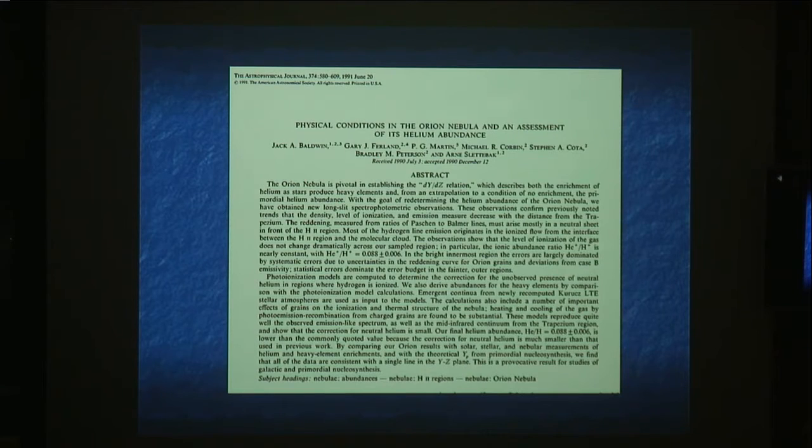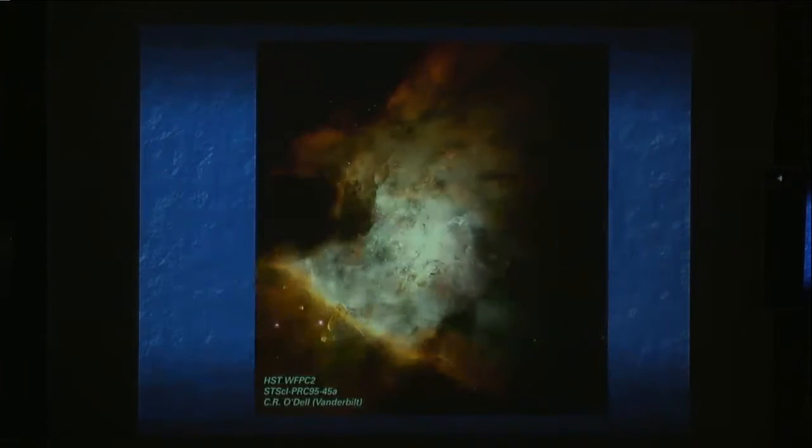They could, for the first time, take a model and reproduce the spectrum that is observed down in the middle of the nebula. A very big step, and everything since then is essentially built on this paper.